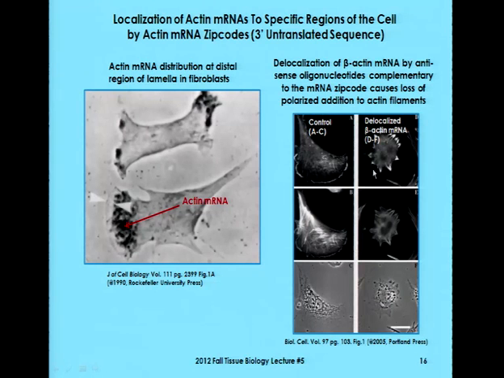It's found along the whole periphery of the cell. So this tells us that for certain proteins, such as actin, cells will first localize the messenger RNA to specific regions of the cell before synthesis even occurs.